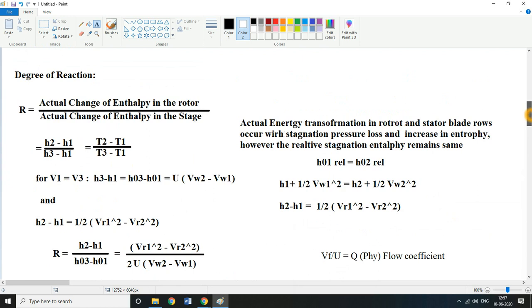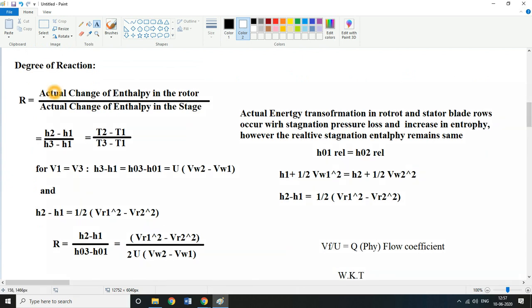Degree of reaction, by definition, is the ratio of the actual change of enthalpy in the rotor divided by the actual change of enthalpy in the stage. Meaning, the enthalpy change achieved in the first stage relative to the overall enthalpy change from rotor to stator, both combined.